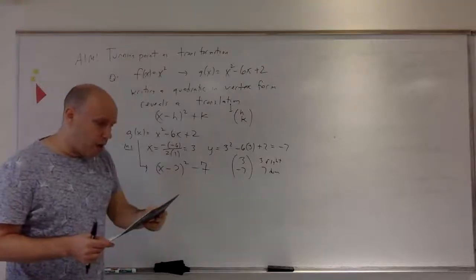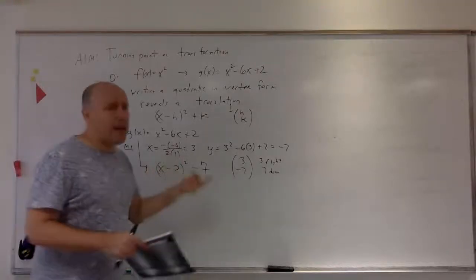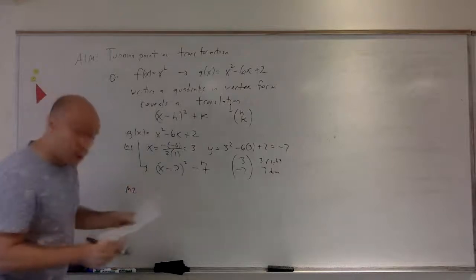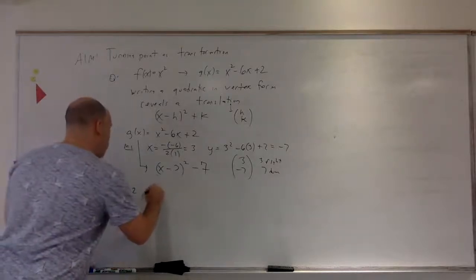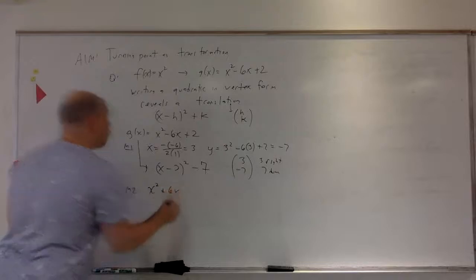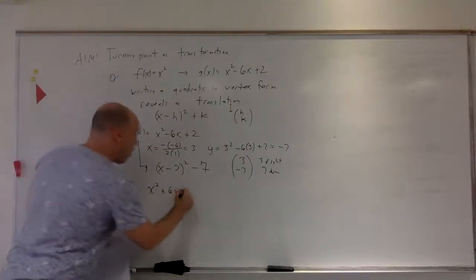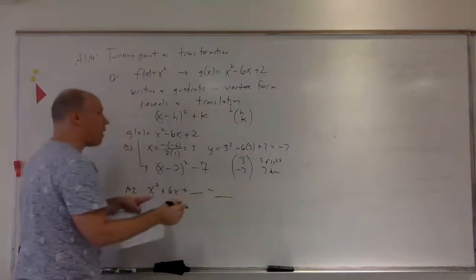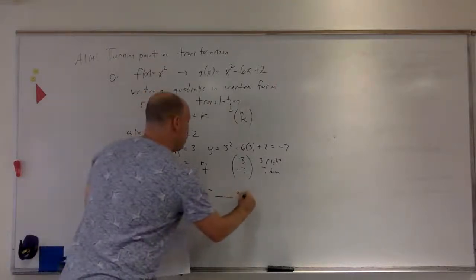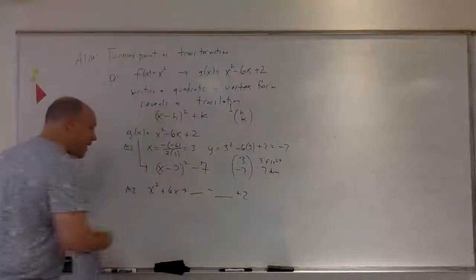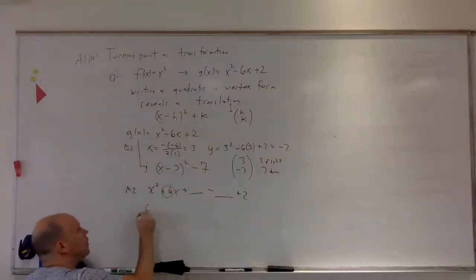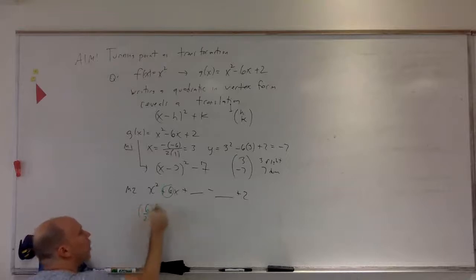Let me show you a more advanced method, which is completing the square. So we have x squared plus 6x. Remember, we're going to add on a term, but we're going to subtract off that term to maintain the equality, plus 2. If you recall the technique, you take the 6, divide by 2, and square it.